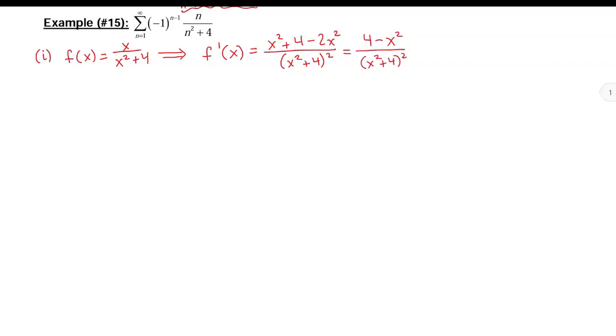Checking the denominator first, I can tell the denominator will always be positive. Whether the derivative is negative or positive depends on the numerator. As you can tell, in the numerator, I will get a negative answer as long as x is greater than 2. So I'm going to indicate that this derivative is negative for x greater than 2.